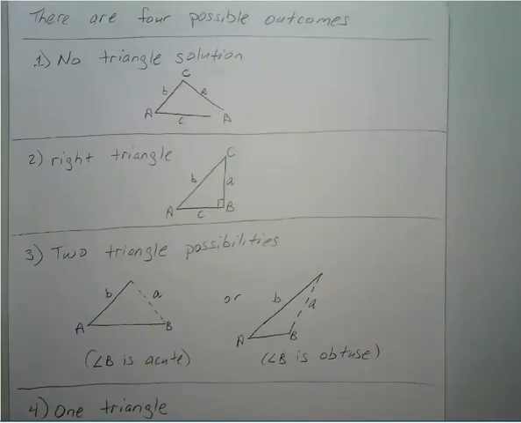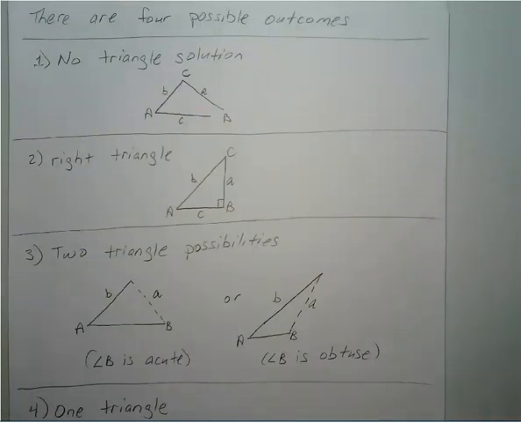So in some cases, you will have to solve for both possibilities of B and then just see where it goes from there, and pick the possibility that fits. And I'll show you how to do that.